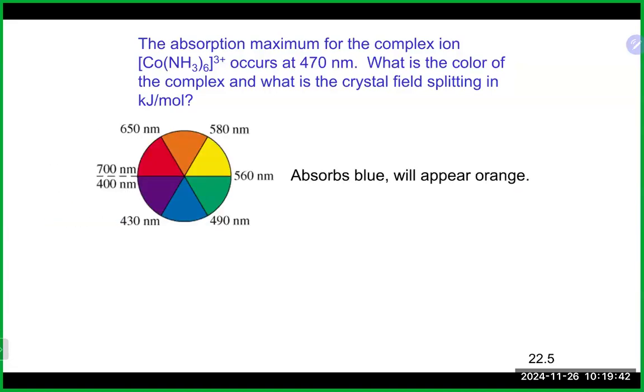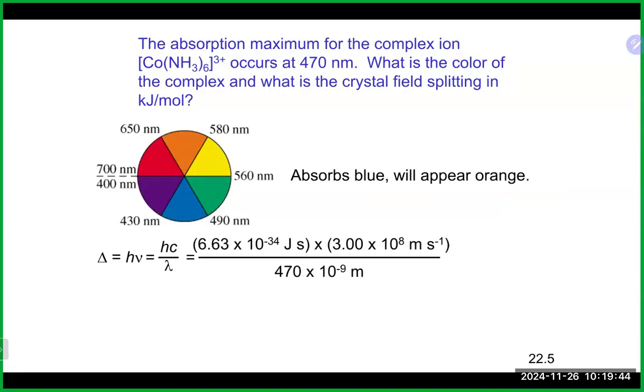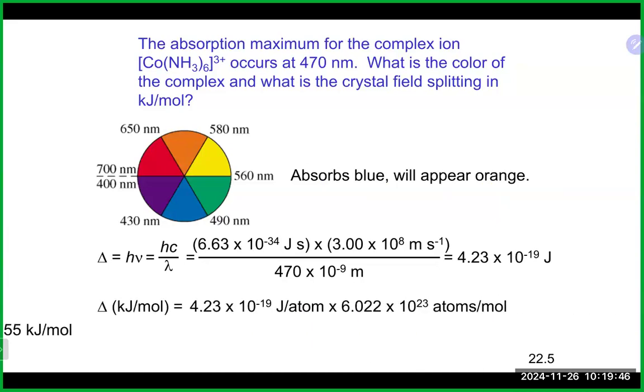So if we wanted to calculate something like this, let's take a look at one. I think it's filled in, so we'll just talk about how we do this. The absorption maximum for a complex ion with a coordination number of 6 occurs at 470 nanometers. What is the color of the complex, and what is the crystal field splitting?